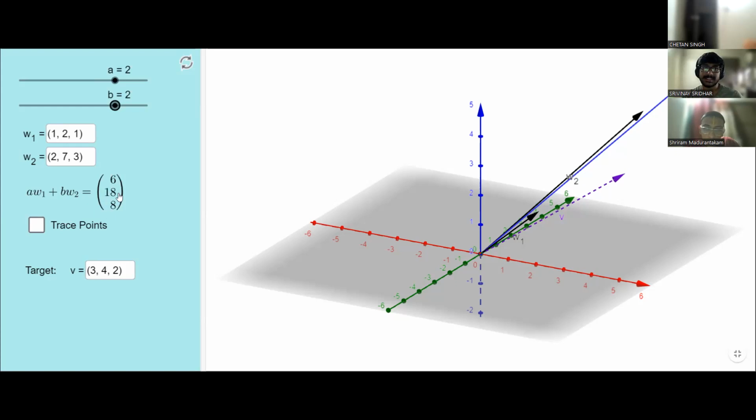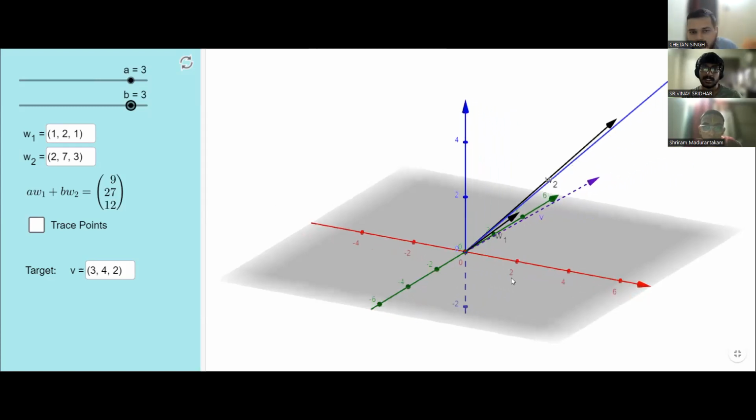I'm able to reach (6, 18, 8). Previously, I was able to reach (3, 9, 4). Now I'm able to reach (6, 18, 8), which lies on the line that (3, 9, 4) can reach. And I can do this for all combinations where A is equal to B.